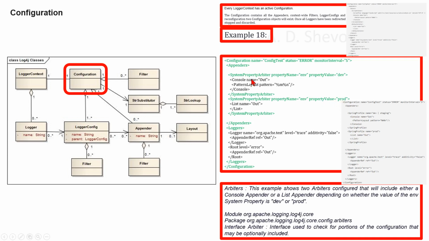The interface Arbiter in package org.apache.logging.log4j.core.config.arbiters in module org.apache.logging.log4j.core is the interface used to check for portions of the configuration that may be optionally included.